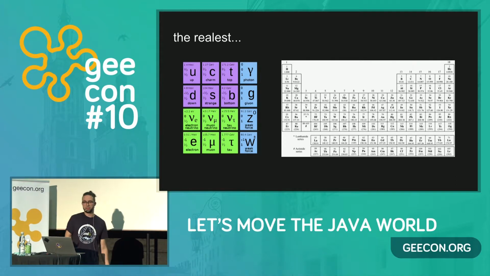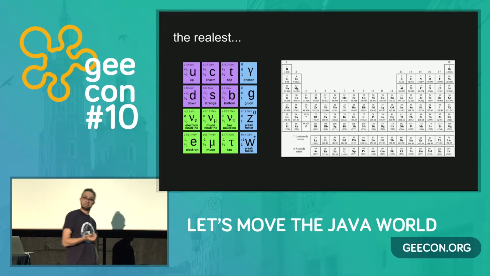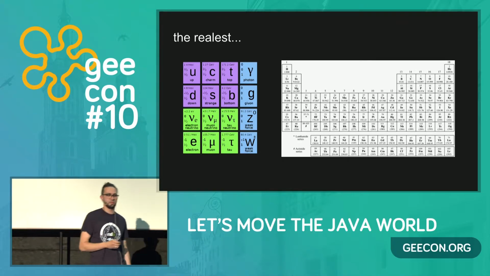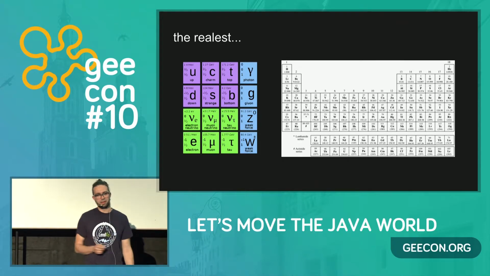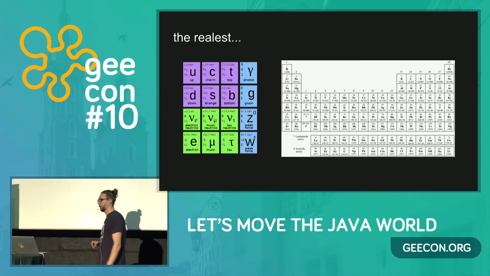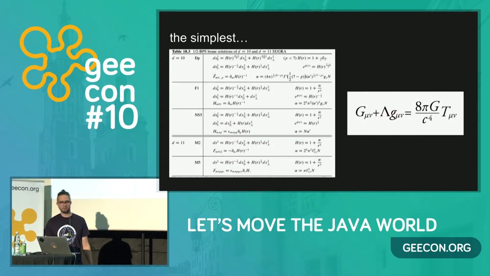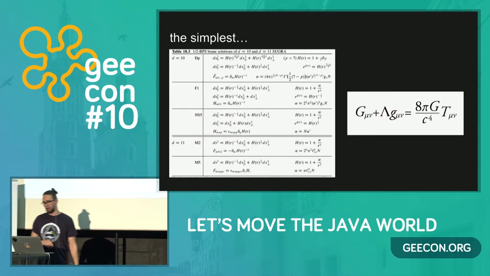Now, which one of these is the realist, one would say? The Standard Model is definitely closer to the truth, but on the other hand, is a neutron or a muon more real than helium? I'm not sure. I haven't seen any of these.